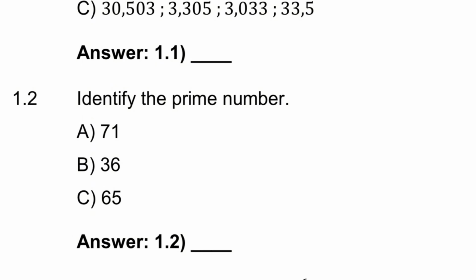You can get an answer there. And 71 cannot be divided by 2, 3, 4, 5, 6, 7, and so on. So you can check that on your calculator and see that of those three numbers, only one of them cannot be divided by any other number besides itself and 1.